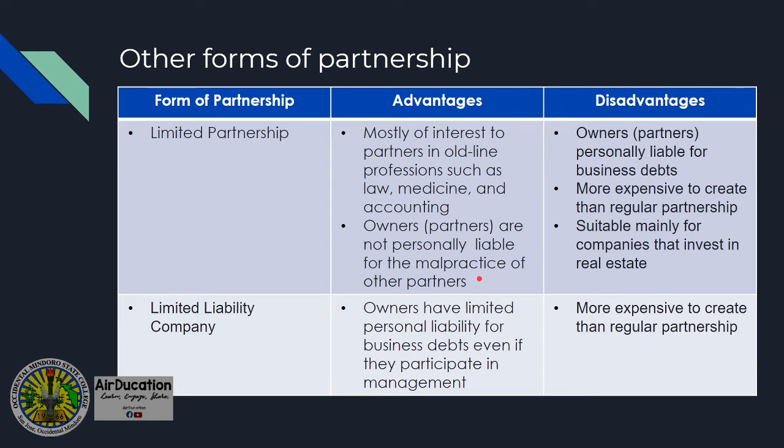So, for example, as the financier of the dental clinic of my friend, in case she committed malpractice in her profession, I will not be personally liable for that because I was not the one who practiced that unwanted part in the business. Okay?